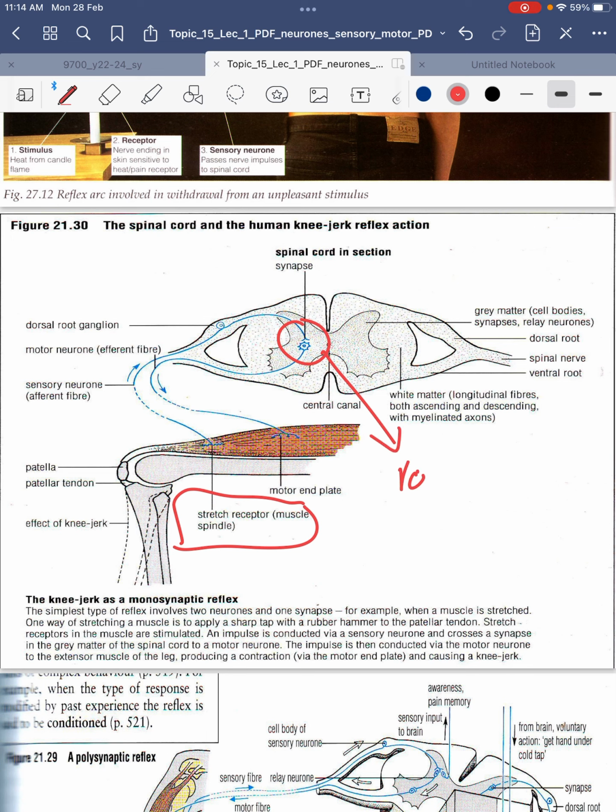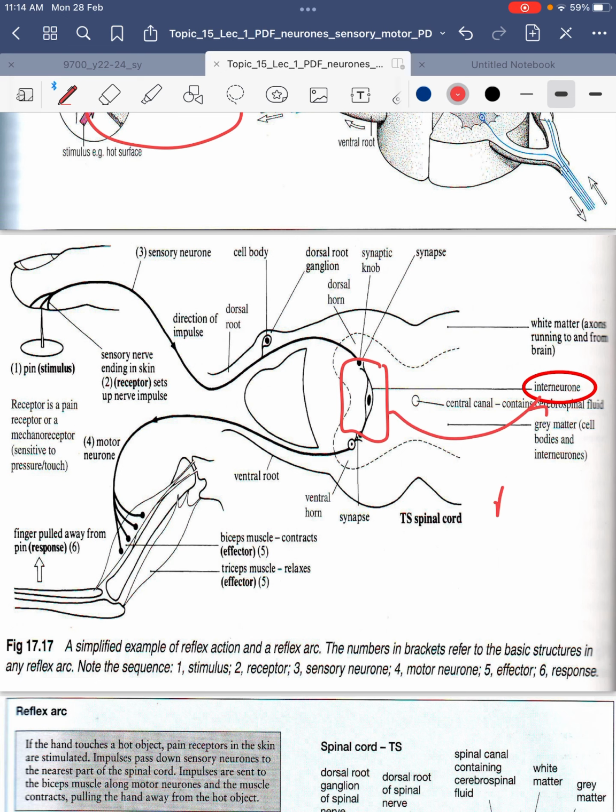So remember, there's a receptor there, and you can see here, this is the relay neuron. Again, interneuron, also known as relay neuron or connector neuron.